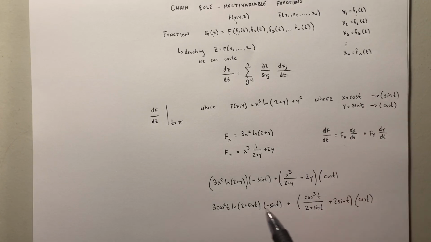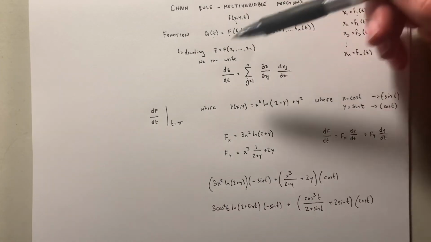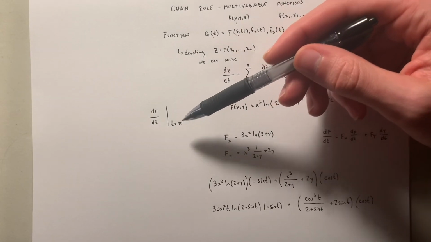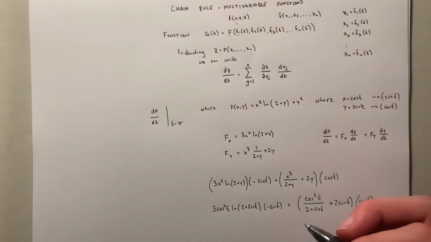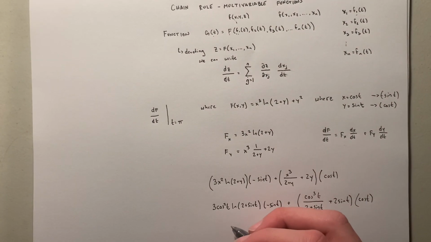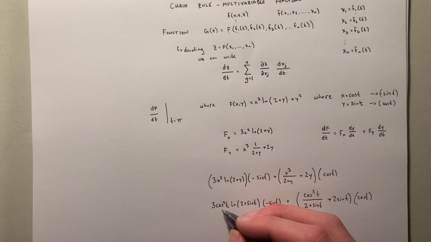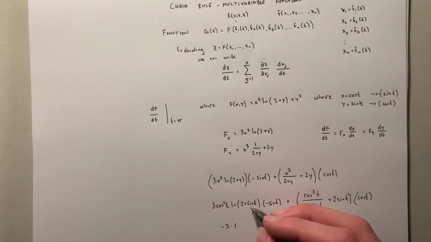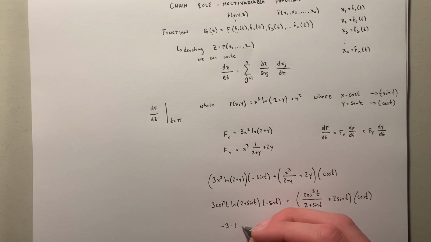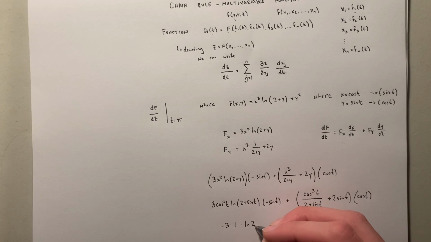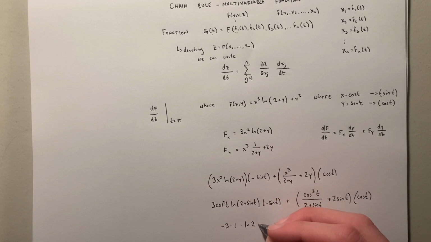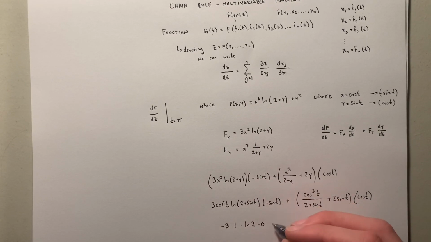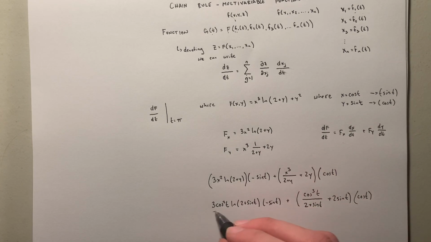So now our function is only with respect to t. And now to get at t is equal to pi, to find our rate of change, our derivative, we can just plug in pi. So when we plug this in here, we're going to get negative 3 times 1 times ln 2 times 0. So that's just going to cancel out.